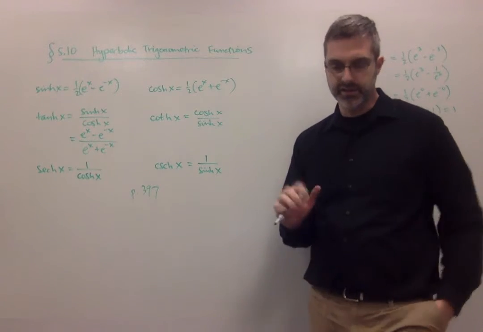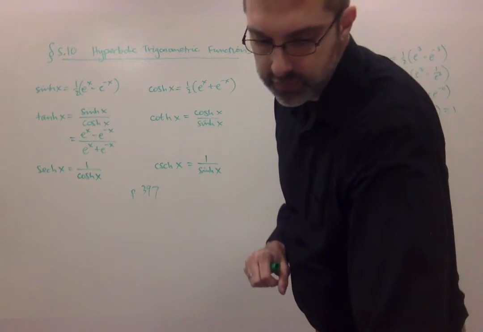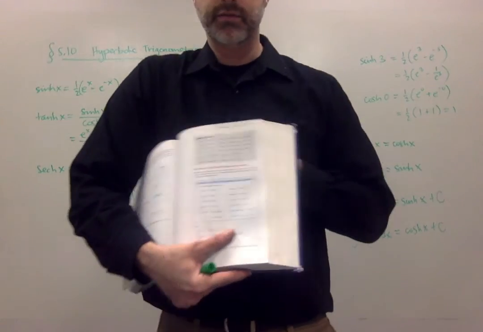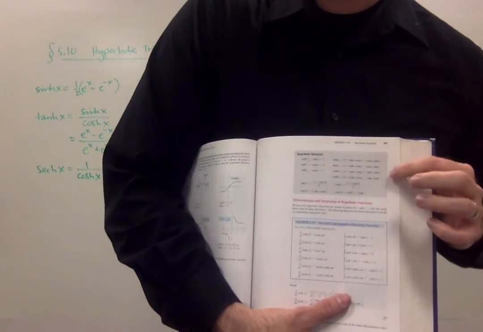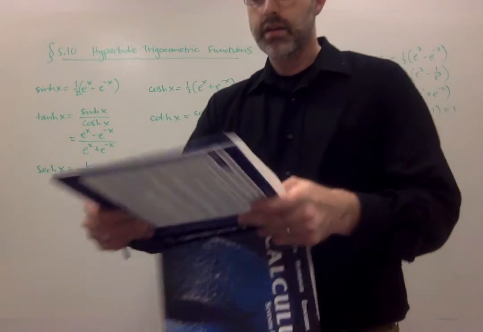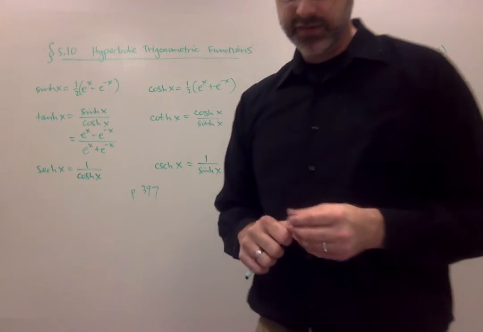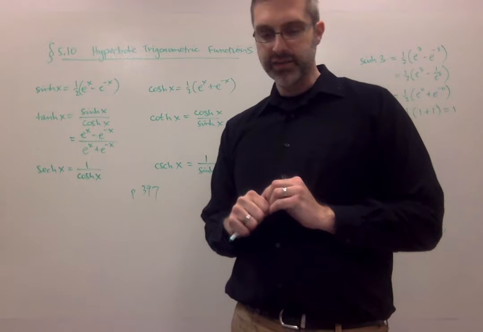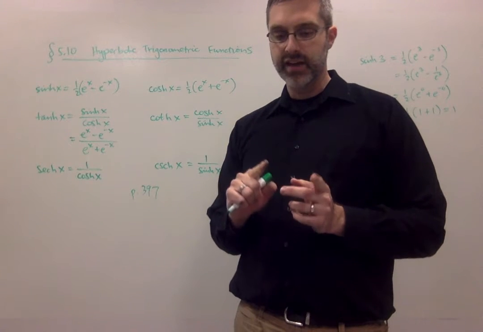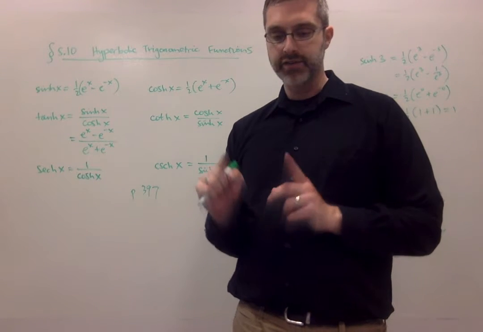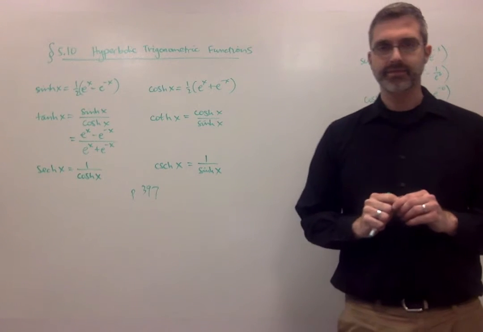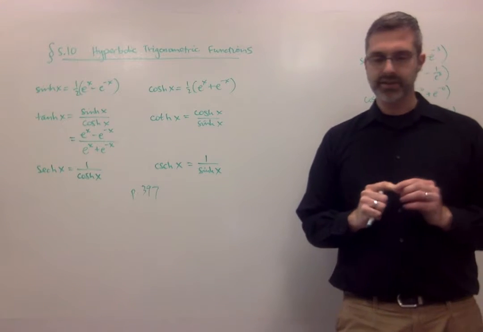This is the chart that I'm talking about right here. On that chart, you'll see, for instance, sinh of x plus y is sinh of x cosh of y plus cosh of x sinh of y. That sounds like a tongue twister, actually.